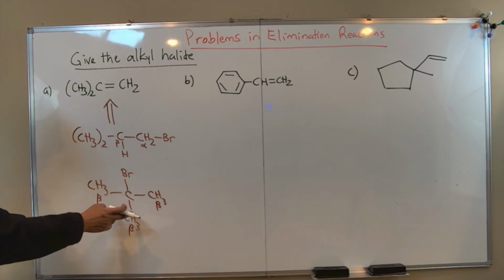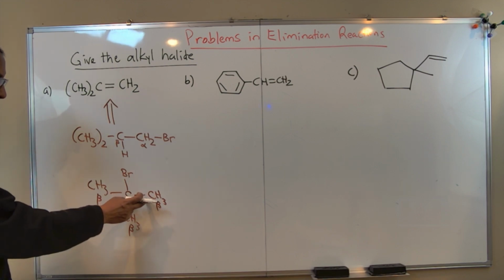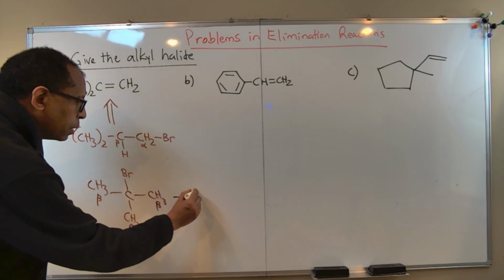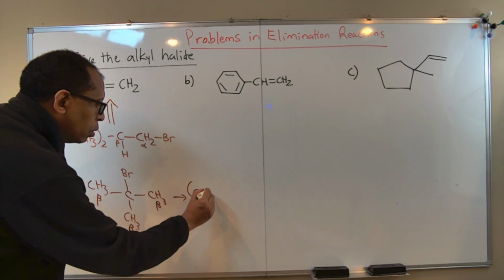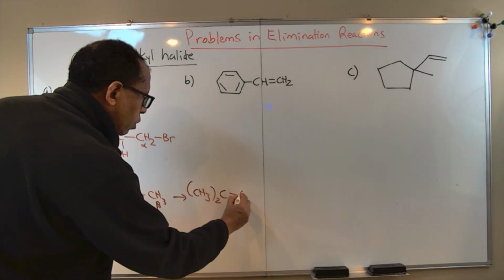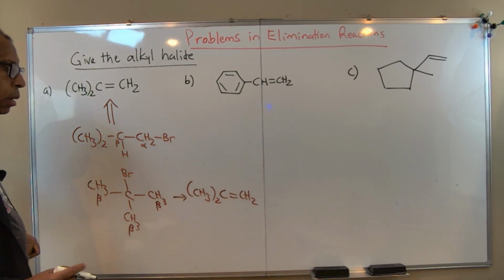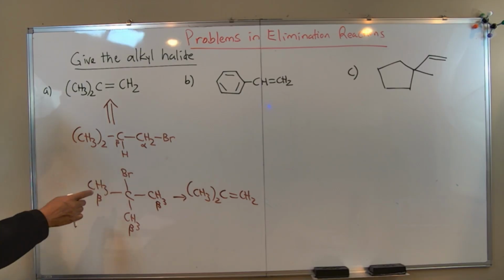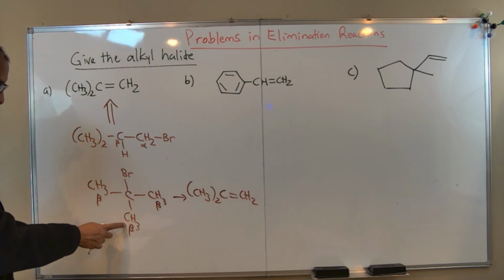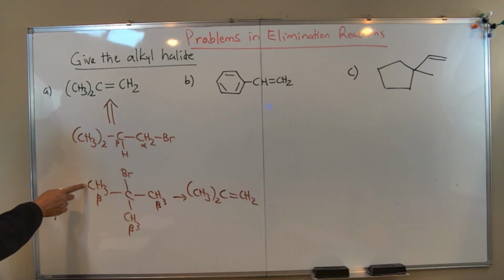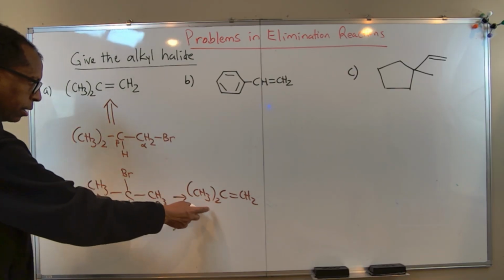So if I just use one of this, right, I would just get CH3, C, CH2. That's good. You get that one. If I use one of this as well, I would still get the same. If I use one of this, I will still get this the same.